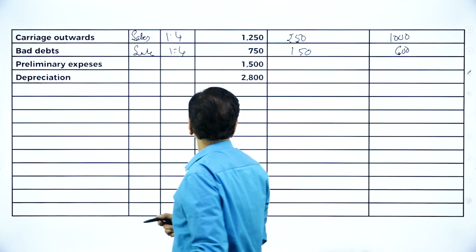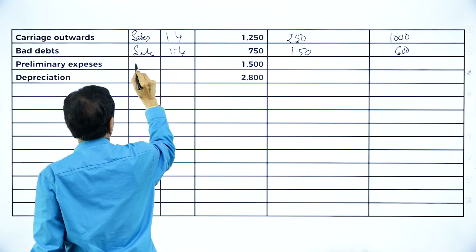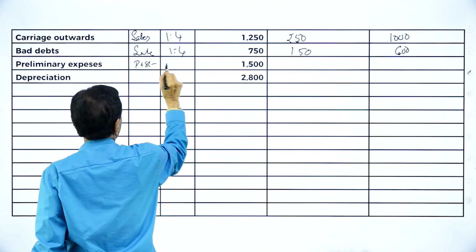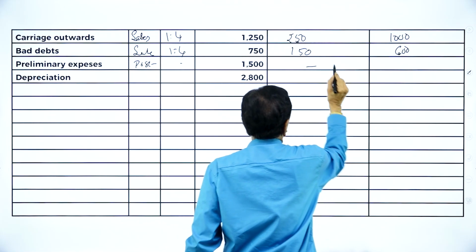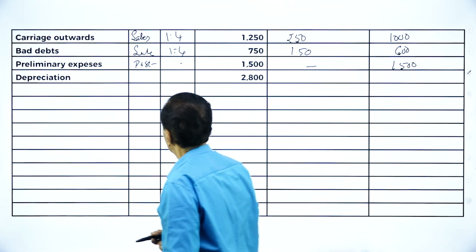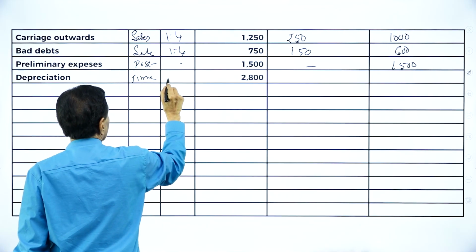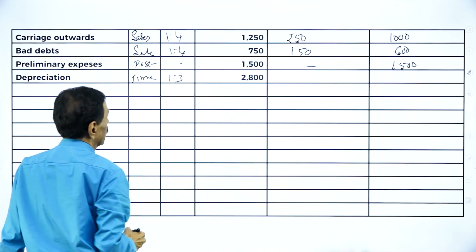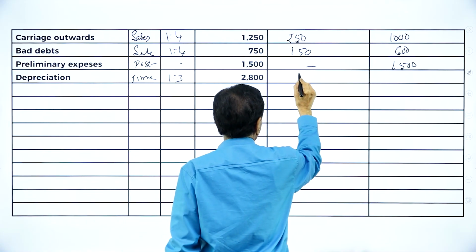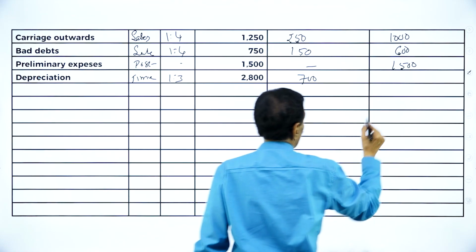Then delivery expenses here, post 1,500. Post incorporation, depreciation, time ratio 1:3, 700, 2,100.